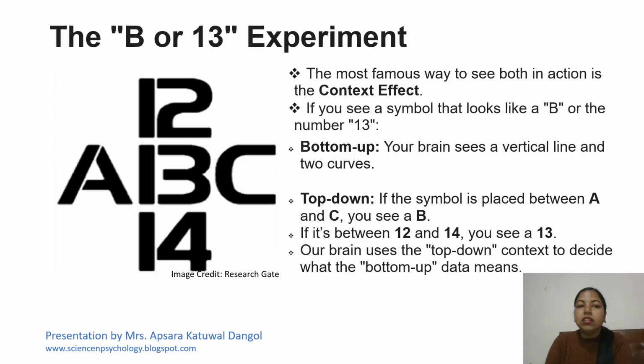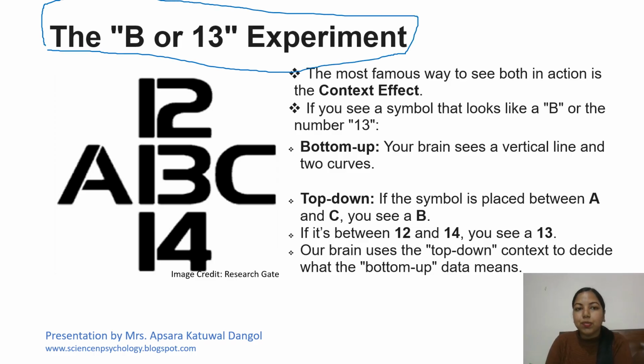So to understand bottom-up and top-down processing, we can look at this experiment. Look at this picture, this B. Is this B or 13? What do you think? It is B or 13.